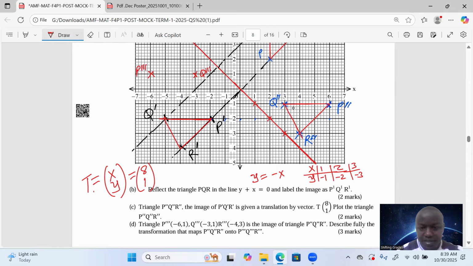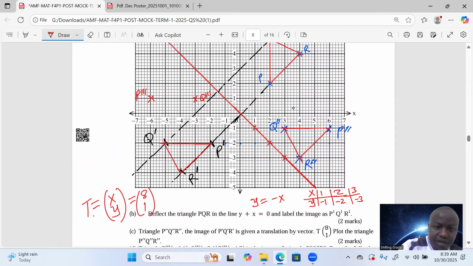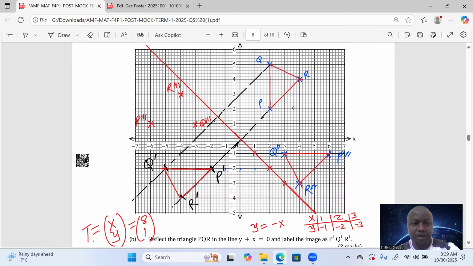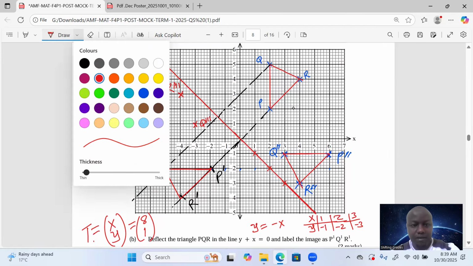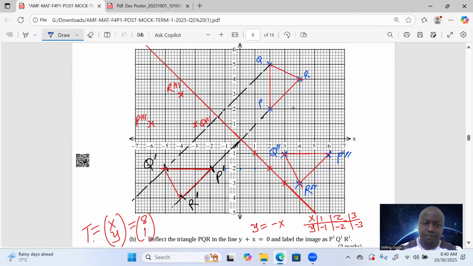Then R is negative 4, positive 3. That's where R triple prime is. So now we can complete that to get the triangle. We connect P to Q, then Q to R and also to P.